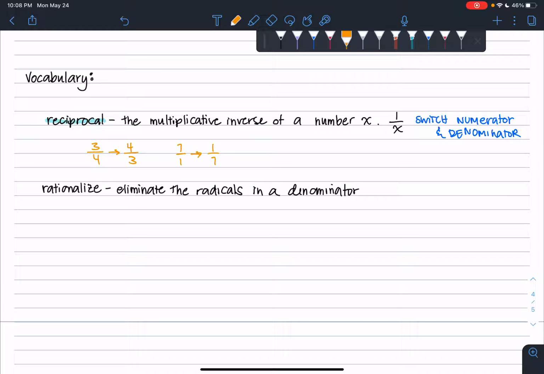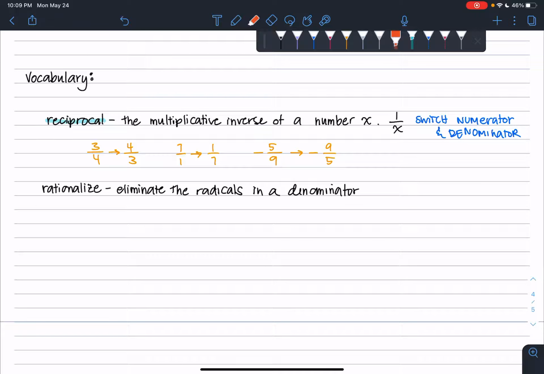All right, even with a negative number, if we do negative 5 over 9, the reciprocal is negative 9 over 5. So again, reciprocals, you just switch the numerator and denominator, and that's the number we get.